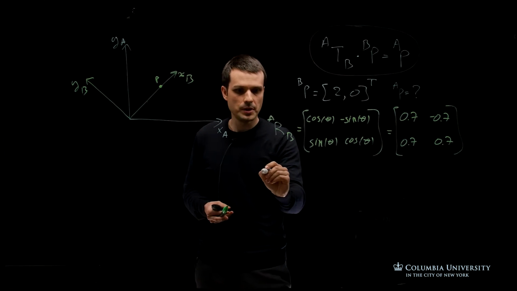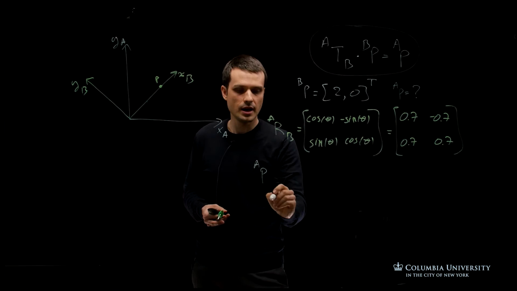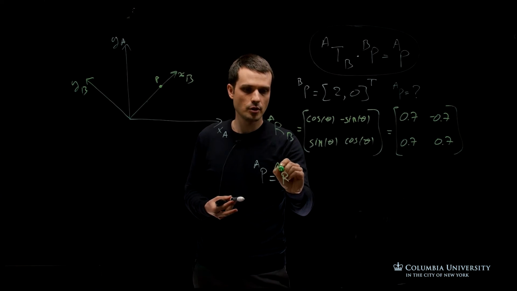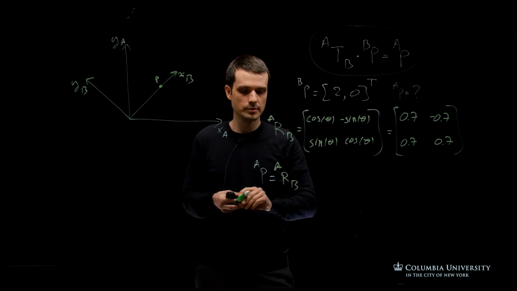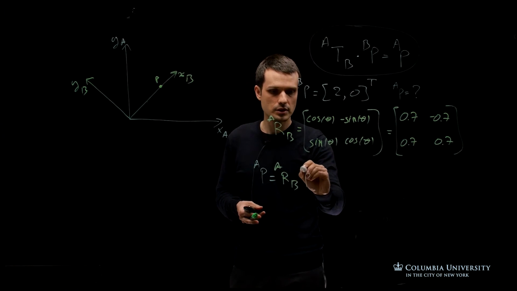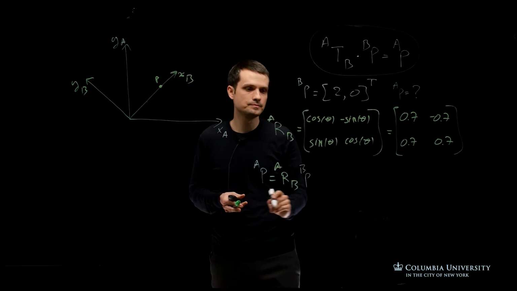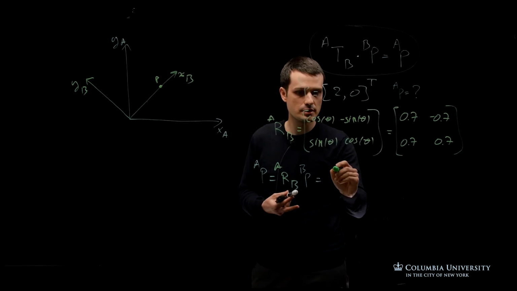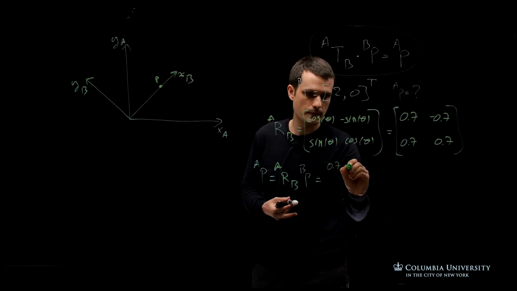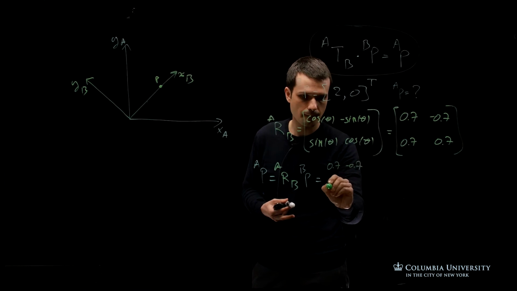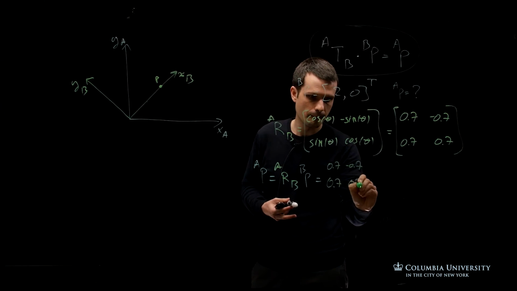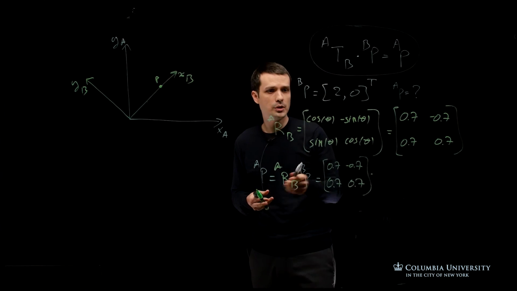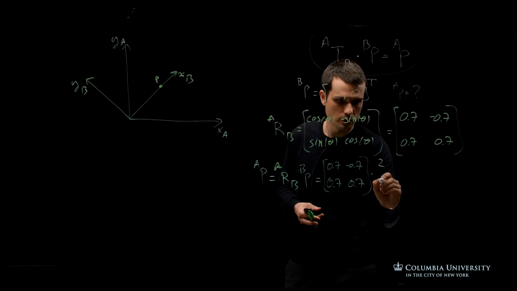So then the point P in coordinate frame A is going to be our rotation matrix from A to B times that same point expressed in coordinate frame B. So we have the rotation matrix times point P, so 2, 0.